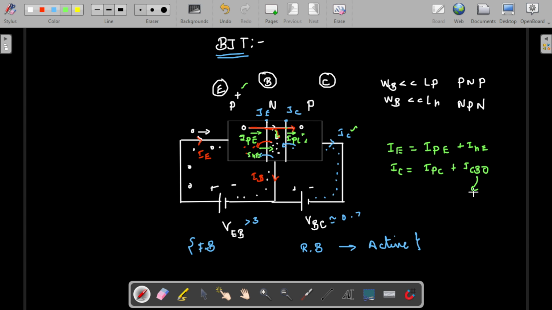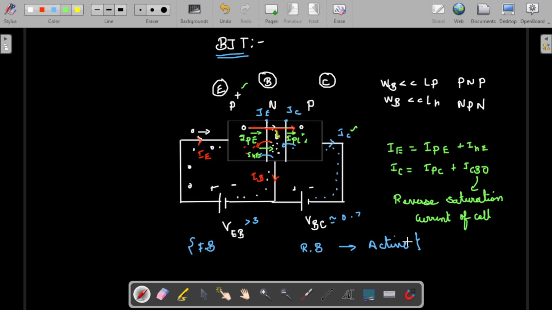The explanation for this one is the reverse saturation current of the collector junction. Let me write it: the reverse saturation current of the collector terminal or collector junction.